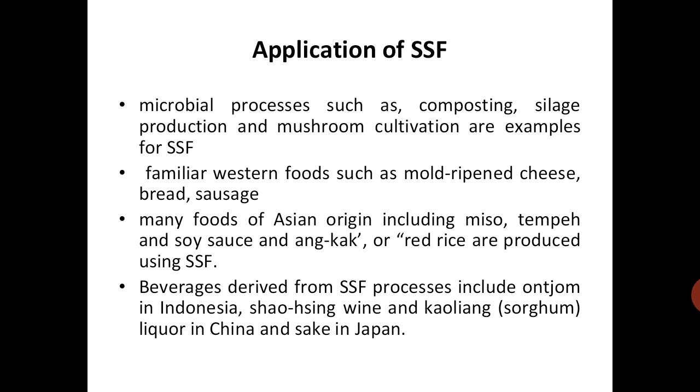Then familiar Western foods such as mold ripened cheese, bread, sausages, and many foods of Asian origin including miso, tempeh, soy sauce, angkak or Chinese red rice are produced using SSF. Beverages produced using SSF include ontjom in Indonesia, Shaoxing wine, Kaoliang liquor in China, and sake in Japan.